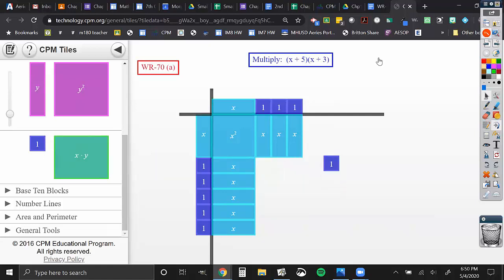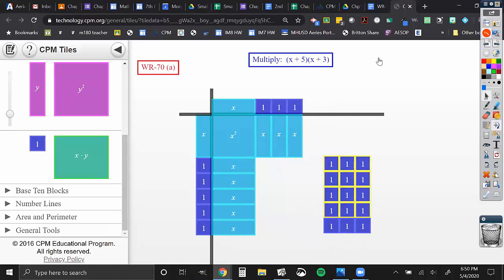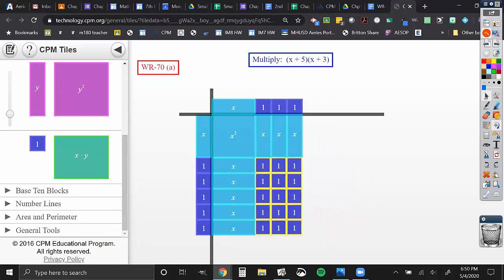If you select it and press Control C, Control V, you can get your 15 really quickly and then just park them right where they belong here.